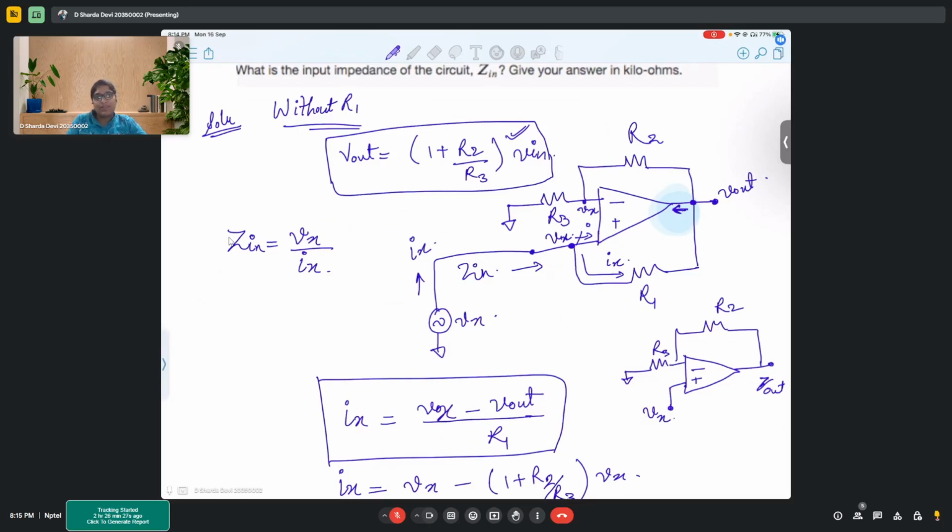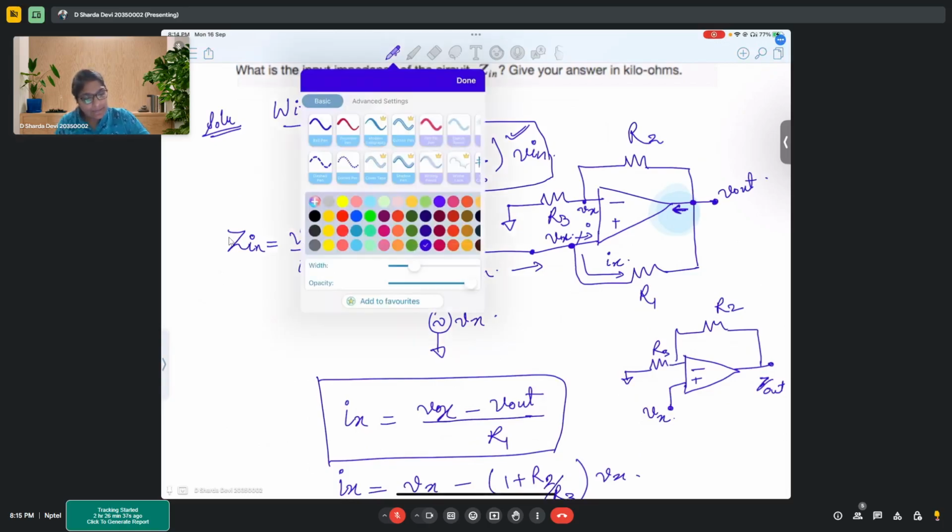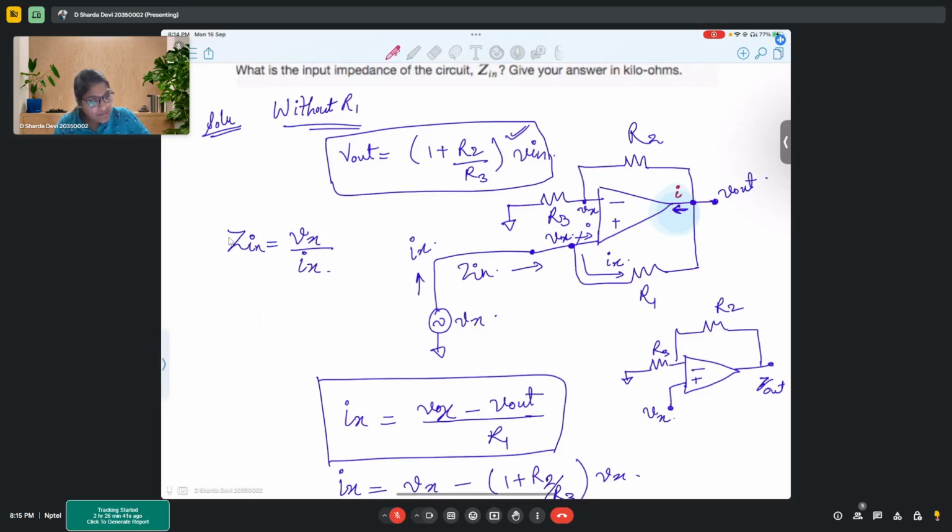It would be easier to solve then, because if we knew this particular current I, we would have solved everything in Vx, V out terms and tried to write it in Ix and I terms.